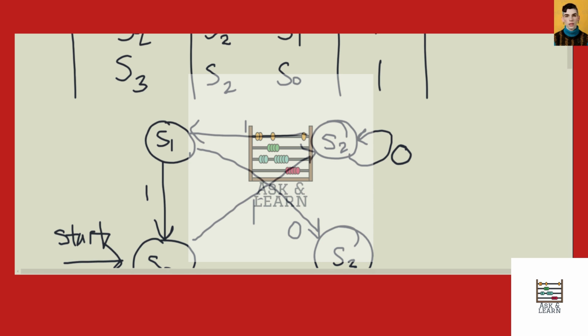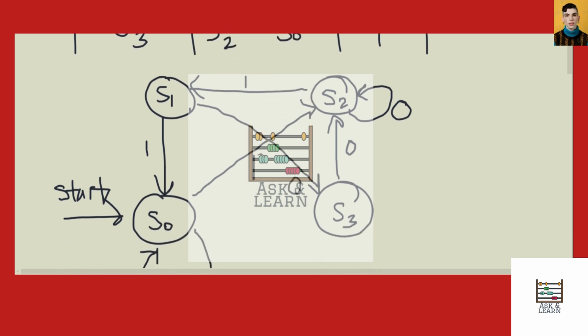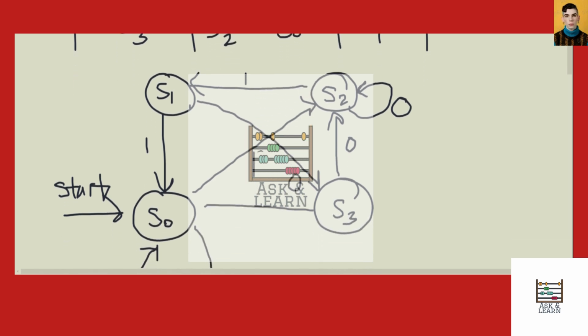And we see that if we input a 0 at S3, we move to S2. And if we input a 1 at S3, we move to S0. So that covers it all.